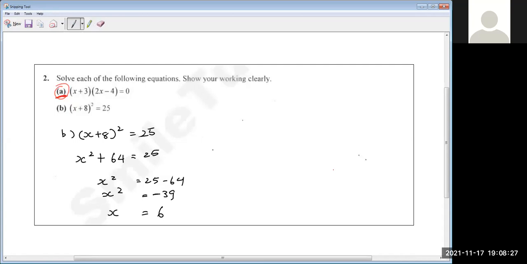Yes. Okay, good. In fact, for this question, question A and question B are similar. But somehow, I don't know why, your B I will look at later, but A is a very standard question. So first thing first, for part A, over here is already factorized format.